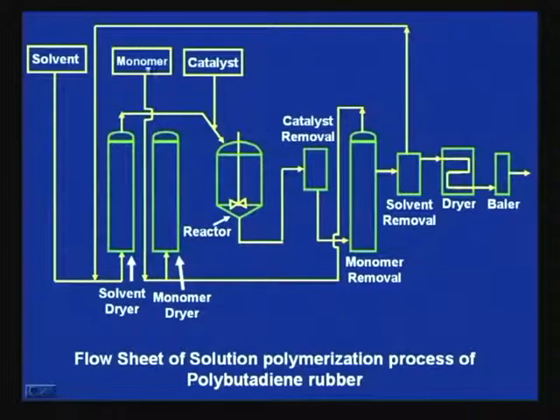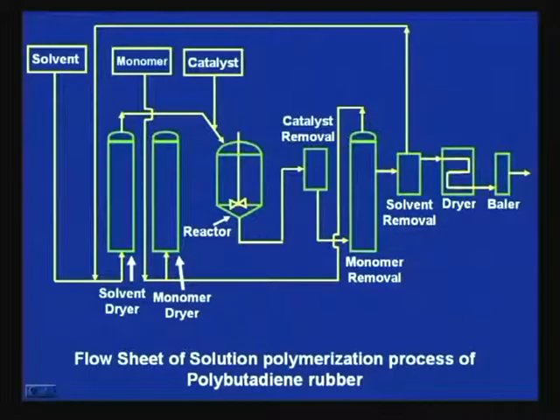Then monomer is fed through another dryer. So, monomer and solvent are first dried to remove water, because you have seen if this polymerization is carried out by anionic polymerization, the solvents and the monomers need to be perfectly dried. Trace of water will cause problems in anionic polymerization. So, after the drying, that is fed to the reactor.